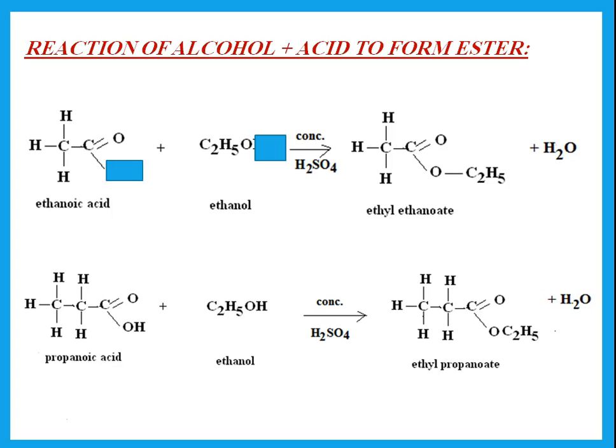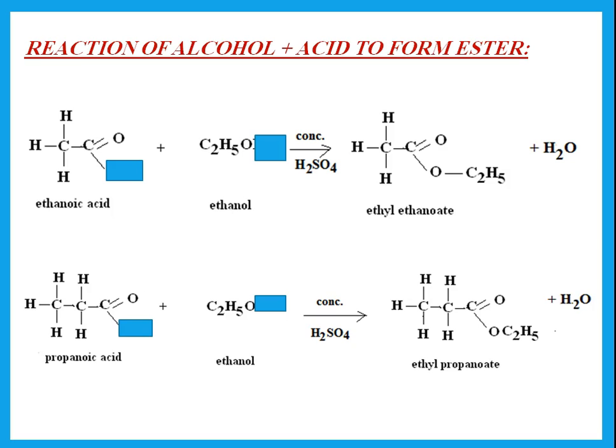I'm starting with propanoic acid. I'm reacting it with ethanol. Now, what am I going to do? I'm going to remove the OH from the acid, remove the H from the alcohol, and join them together. Can you see how I drew it? Okay. Now, once I've drawn it, how do I name it? We said I start with the name of which one?